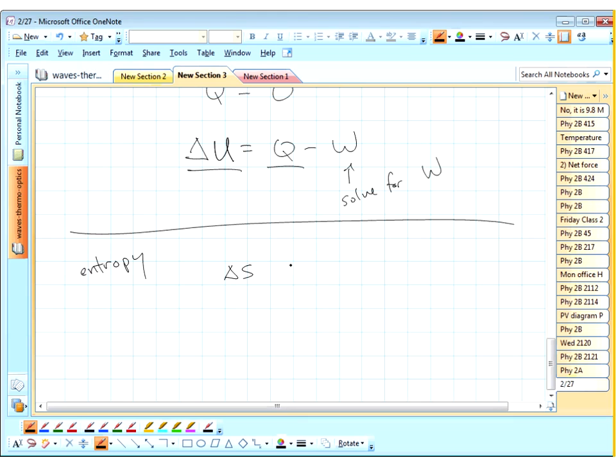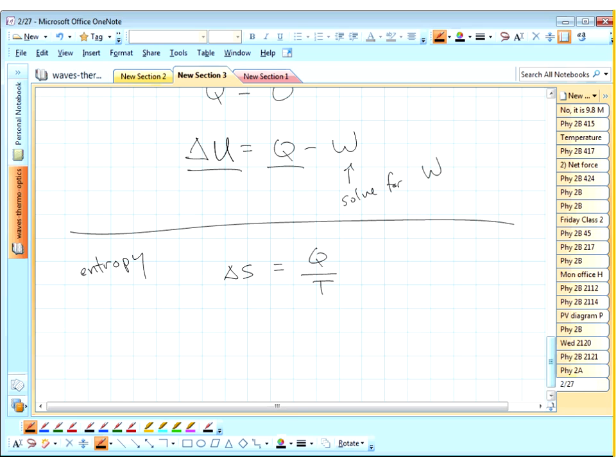The change in entropy is Q over T. So we're looking at something typically that's happening at constant temperature. And so one thing that can happen at constant temperature is a phase change.